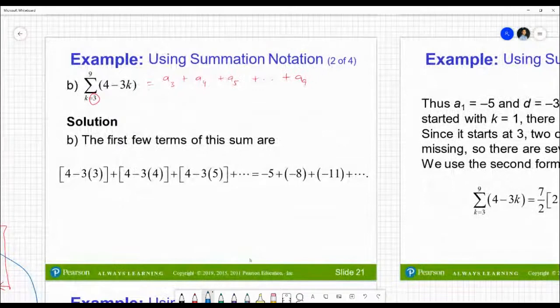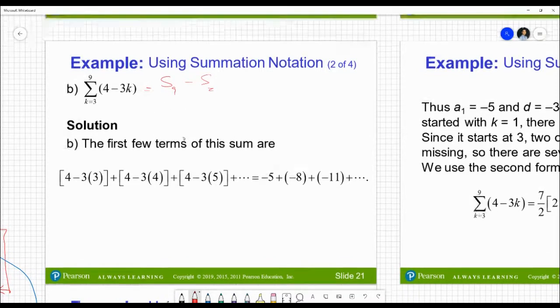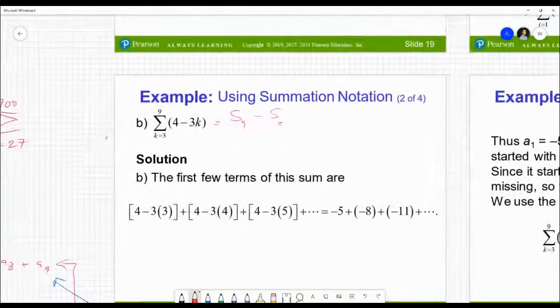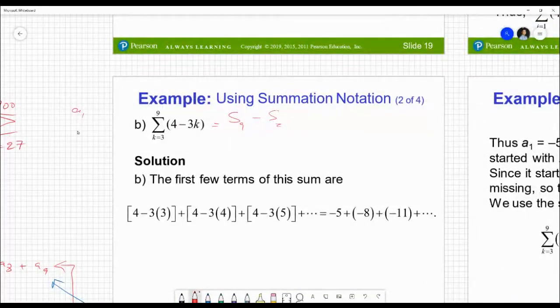Let's look again at how we can do this with just using the formula. So this is equal to S of 9 minus S of 2. So S of 9, let's see what I need here. I need to know what my A1 is, and I need to know what my An is. So for my A1, I just have to plug in 1 into here. 4 minus 3 times 1 gives me 1.